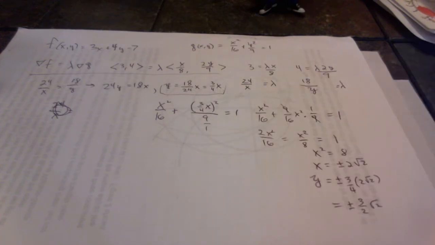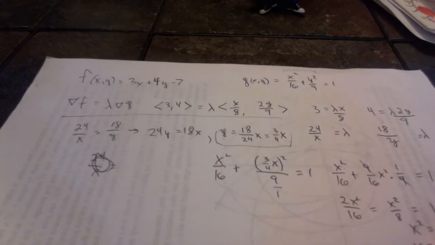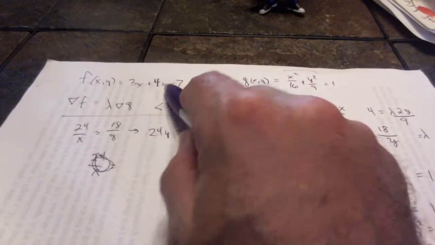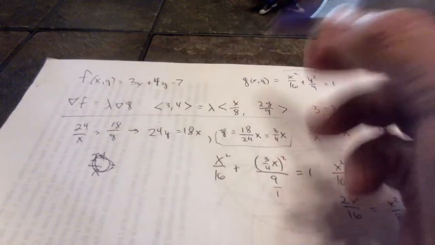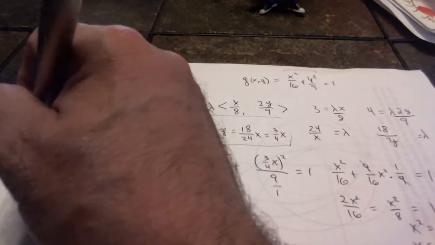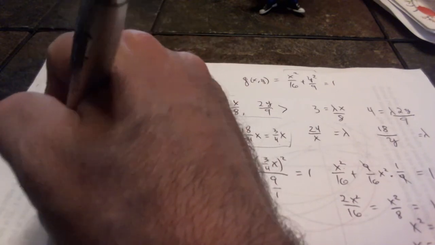So now let's think about it. For this plane to be maxed, I would want x and y to both be positive. To be minned, have x and y both be negative. So that's got to be it. Max f is going to be at 2 square root of 2, comma, 3/2 square root of 2.